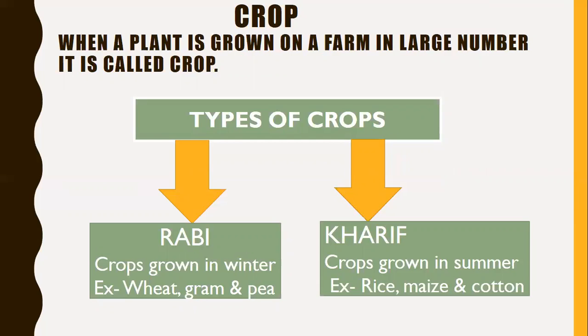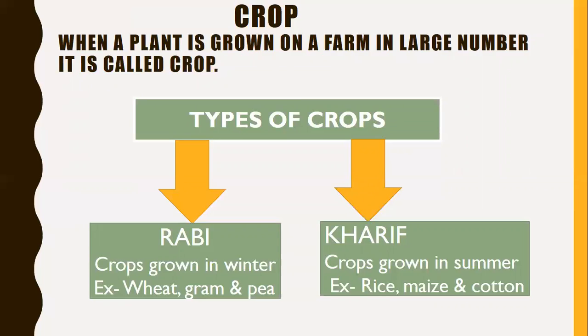And different crops require different kinds of soil. For example, some crops grow better in loamy and clay soil. Some need alluvial soil to grow. Some plants grow better in black soil, and some can also grow in sandy soil.